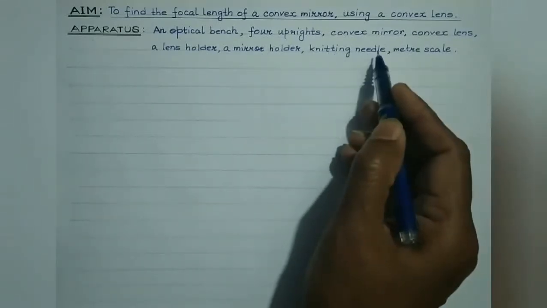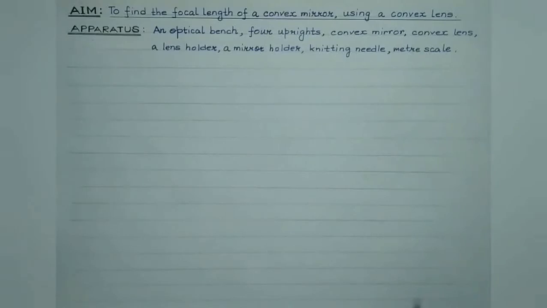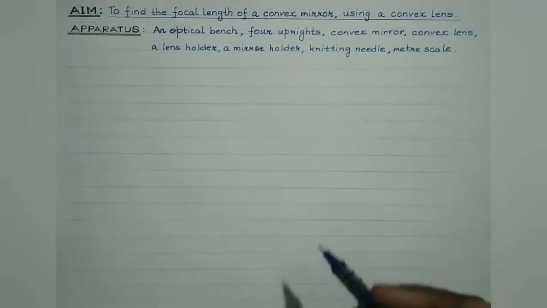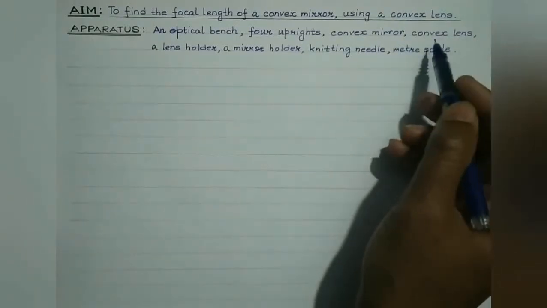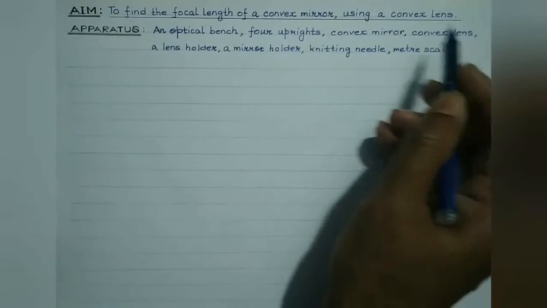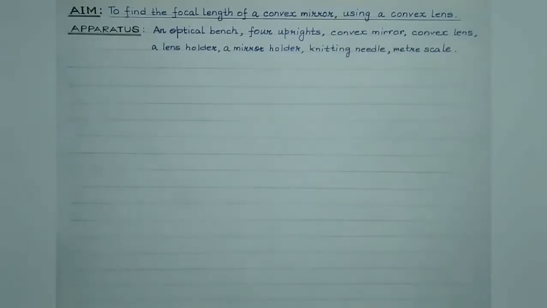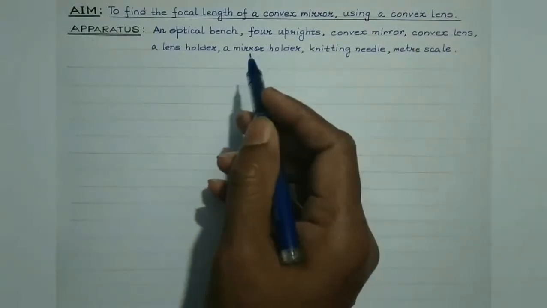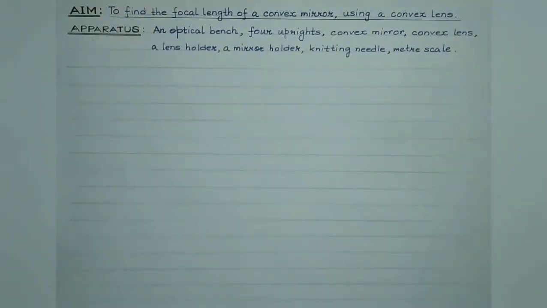Then a knitting needle is required so as to find out the index correction. And students, one thing to be noted is that the focal length of the convex lens should be sufficiently large. Actually, it should be larger than the focal length of the convex mirror. So, in order to understand the description of the apparatus which we will be using, let's watch this video.